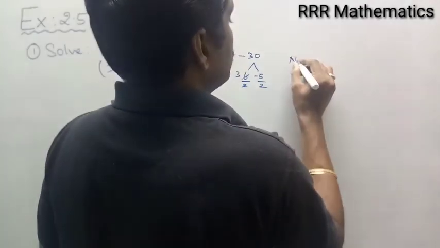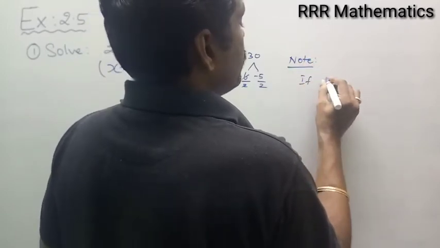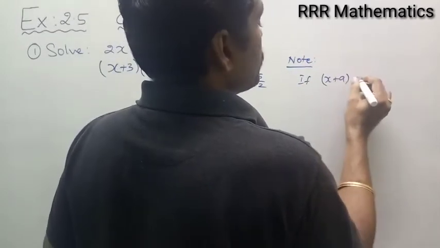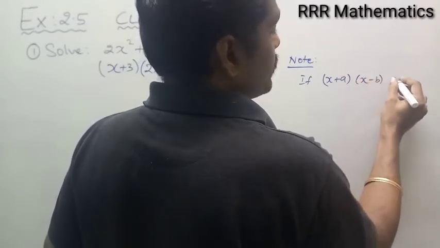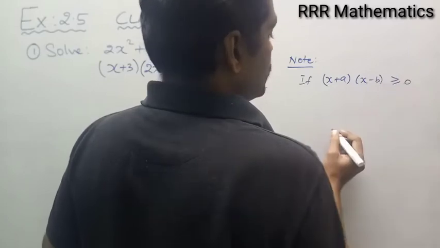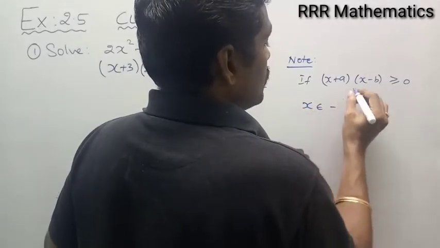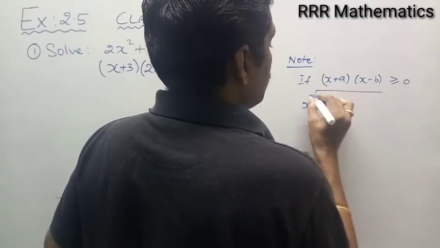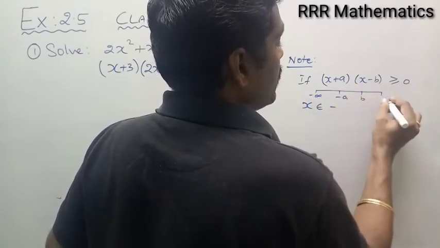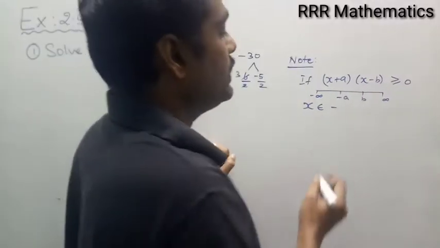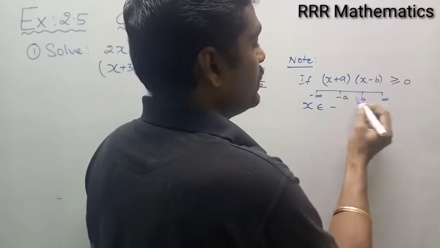Just make a note. If (x + a)(x − b) ≥ 0, then x belongs to the intervals minus infinity, minus a, then b, and plus infinity. We have three intervals: minus infinity to −a, −a to b, and b to infinity.